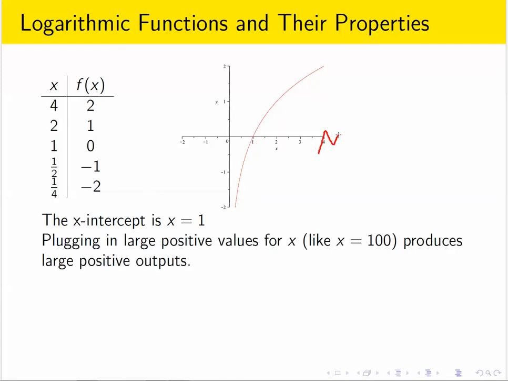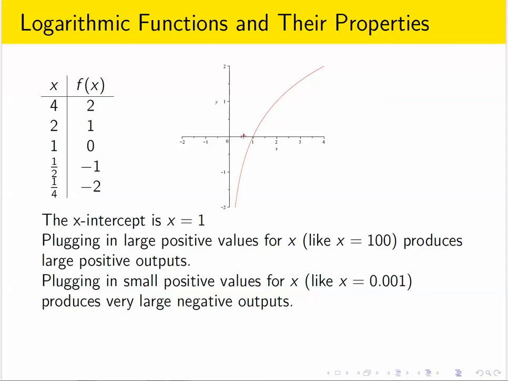If we plug in large positive values for x, values that are over here, the function keeps increasing, so plugging in large positive values for x produces large positive outputs. If I plug in small values for x, I get outputs down here on the graph that are large negative numbers. So putting in small positive values for x produces large negative outputs.